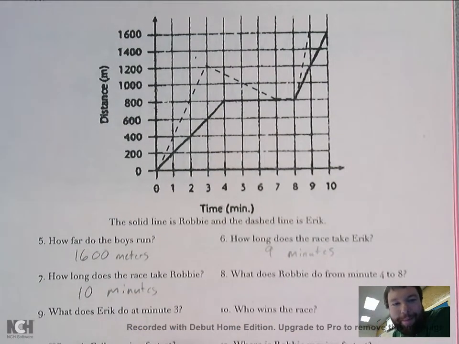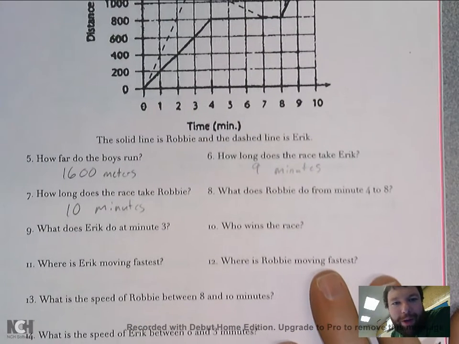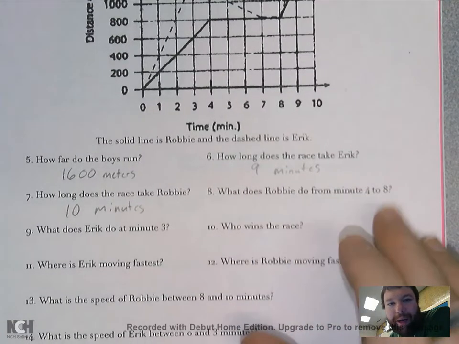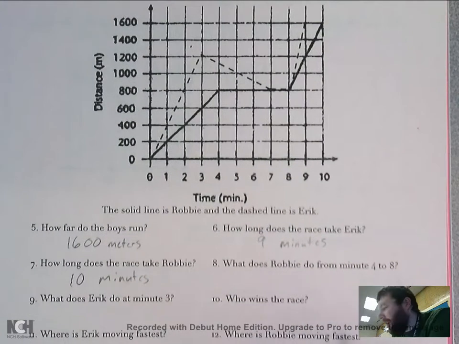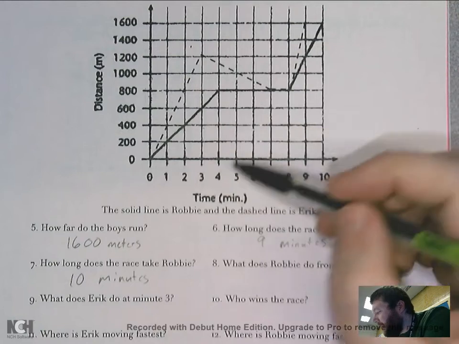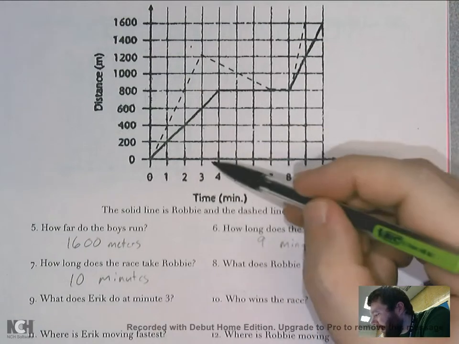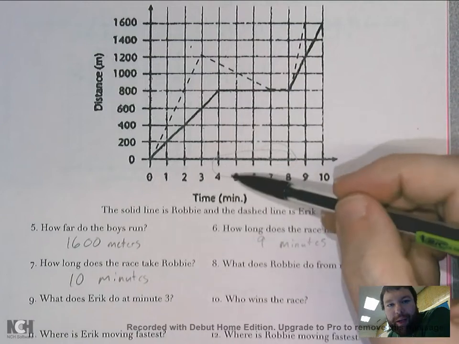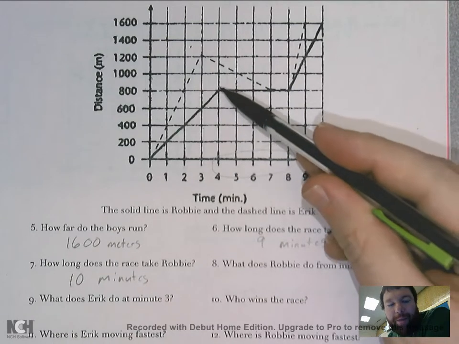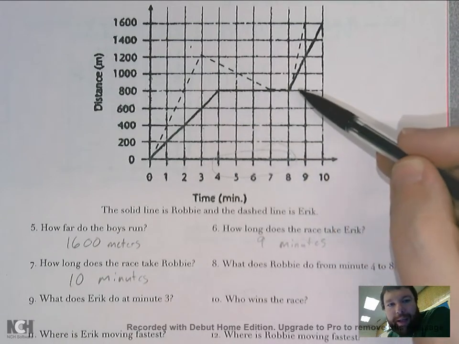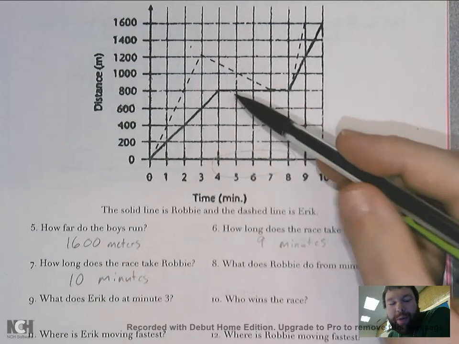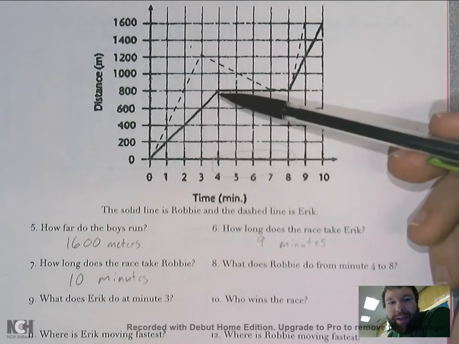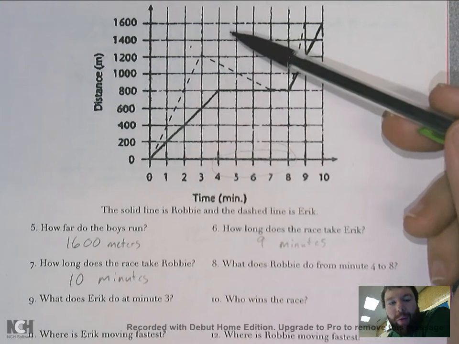Not too tough, right? What does Robbie do from minutes 4 to 8? Robbie is the solid line, so I'm going to look at his line from 4 to 8, this chunk of time right there. It looks like it's flat, right? With time and distance, that means he's not going further ahead or coming back.